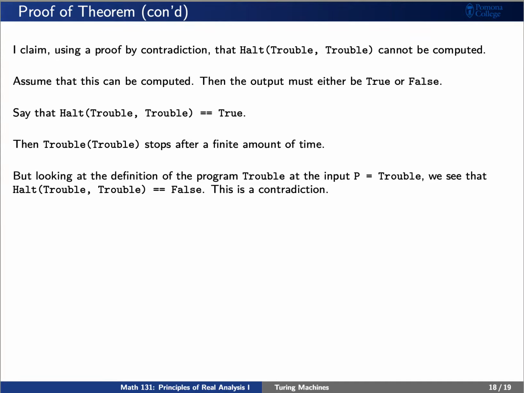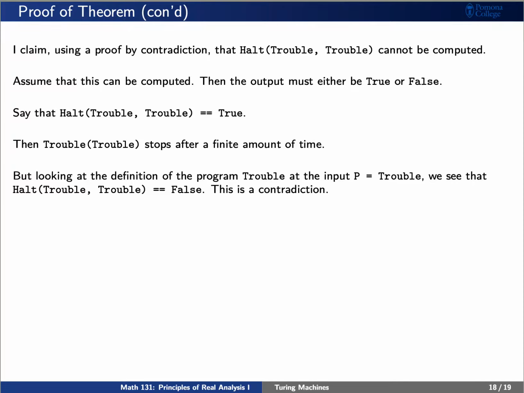Remember that trouble only does one of two things. Either it returns the value true if halt of something is false, or itself will run for an indefinite amount of time. Well, if trouble stops after a finite amount of time, then this means that it must have evaluated the statement true.